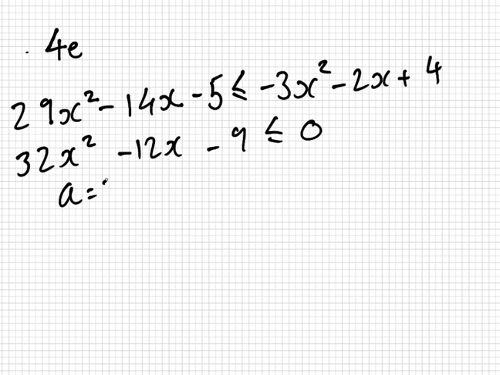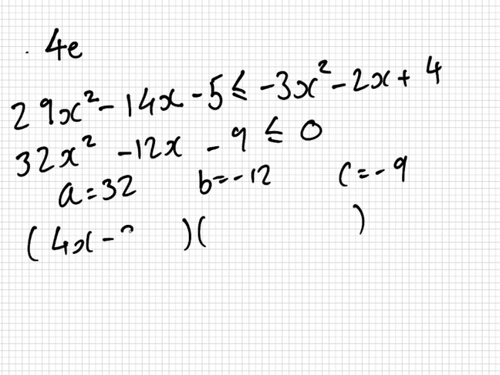You have a equals 32, b equals minus 12, c equals minus 9. Or we could try to factorize it: 4x minus 3, 8x plus 3. Great. So it's 3 over 4 and minus 3 over 8 that are the answers.